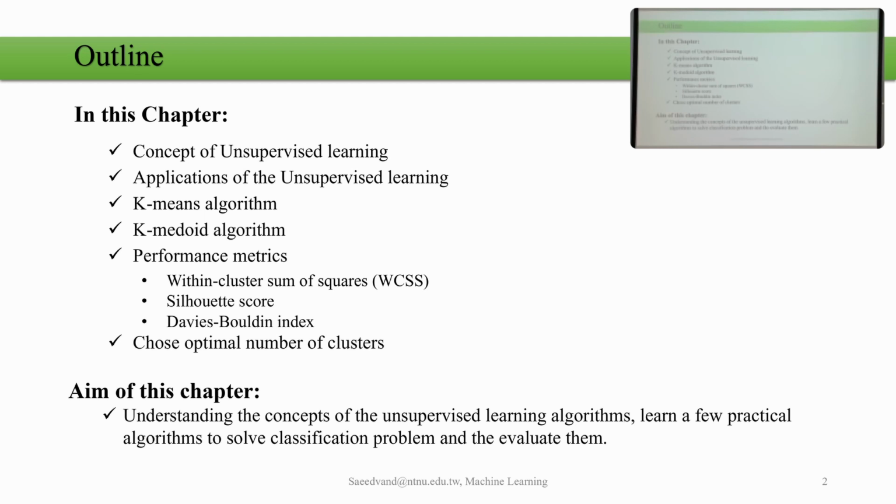We will see the silhouette score. We will see Davies-Bouldin index. And finally, we talk about the choosing optimal number of clusters for problem that we have. So in this chapter, you're supposed to learn the basic concepts of the unsupervised learning and metrics to evaluate.